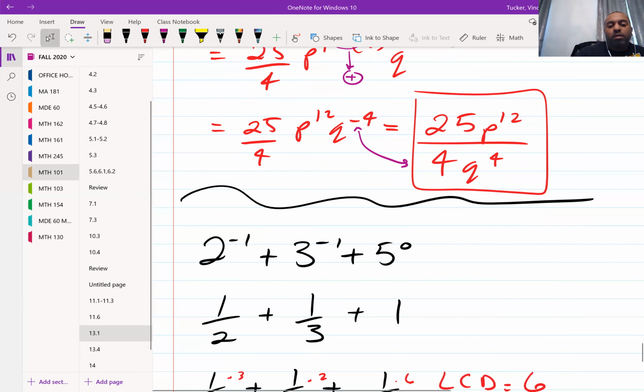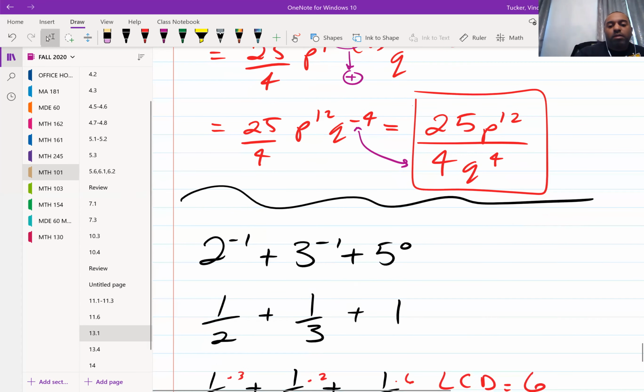All right, so last one, we got 0.0000008571. Decimal's right here, move it 1, 2, 3, 4, 5, 6, 7 to the right. So it's going to be 8.571 times 10 to the negative 7.